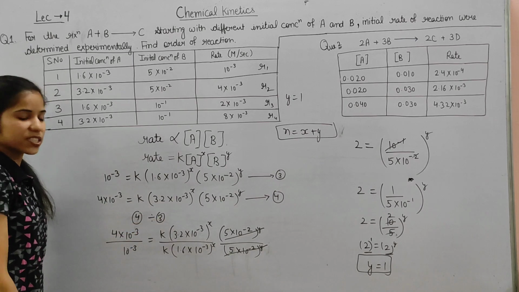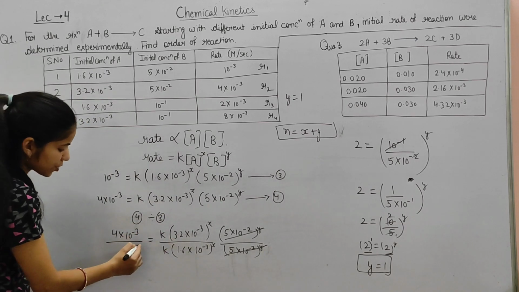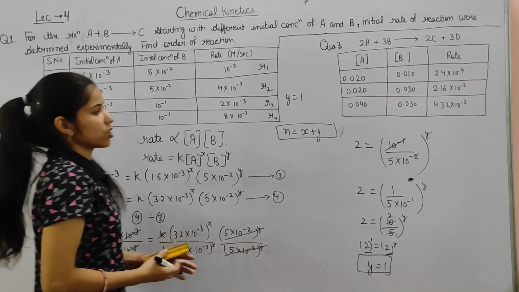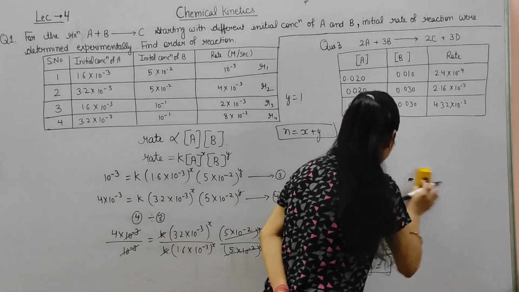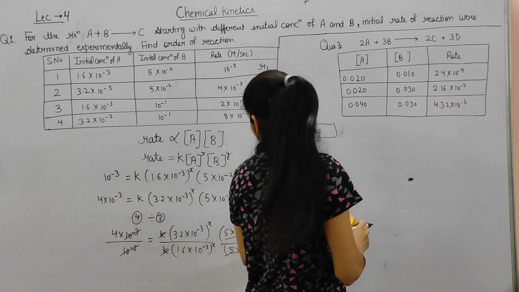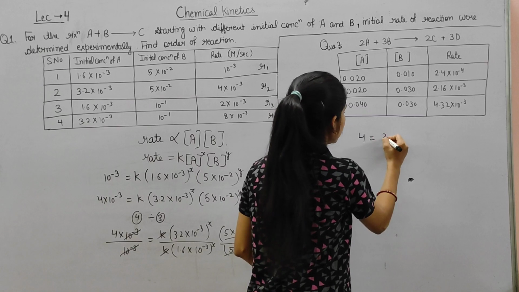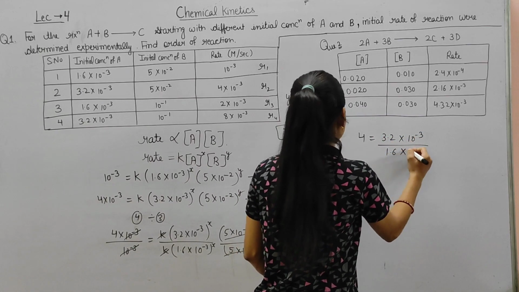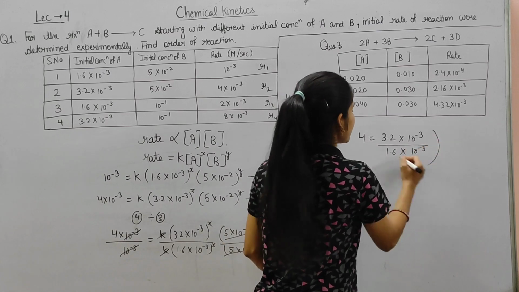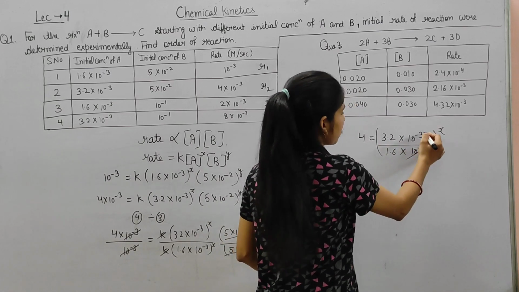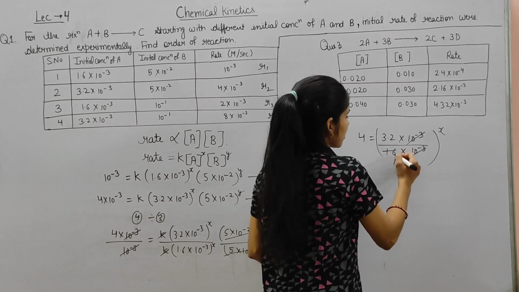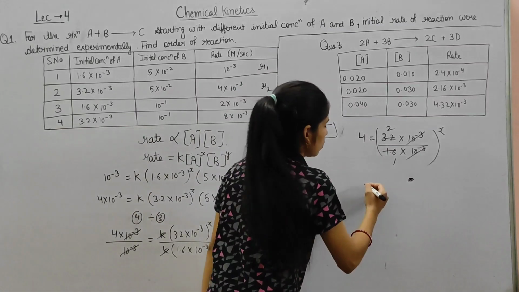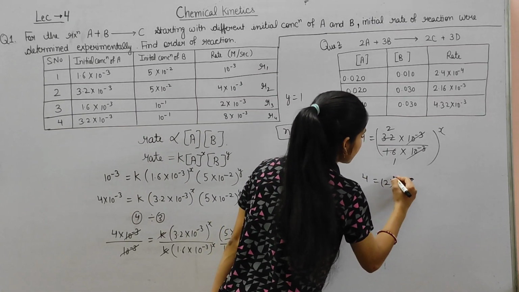Now we can find x easily from this equation. The 10^-3 will cancel and k will cancel, so the remaining equation is 4 equals (3.2 × 10^-3 divided by 1.6 × 10^-3) raised to the power x. So 10^-3 will cancel, this will be 2. There is 4 equals 2 raised to the power x.